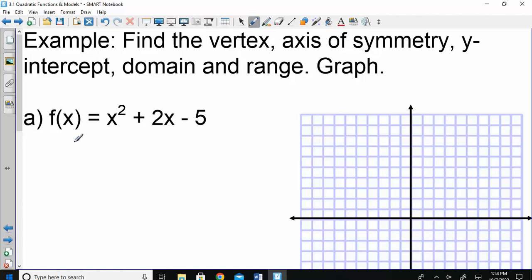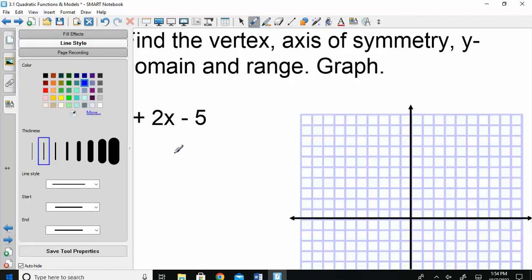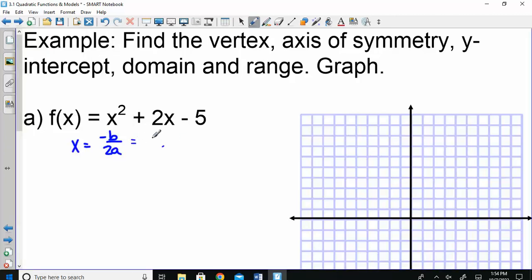Vertex. The vertex is an ordered pair. So we start out with the formula. Opposite of b over 2a. What is my b value? So we have a negative 2 over 2 times, what's a? So negative 2 over 2 is negative 1. Then we need y, so we just plug that in.